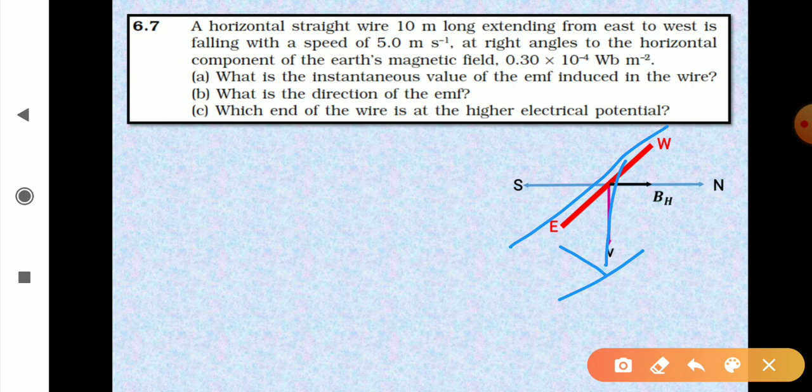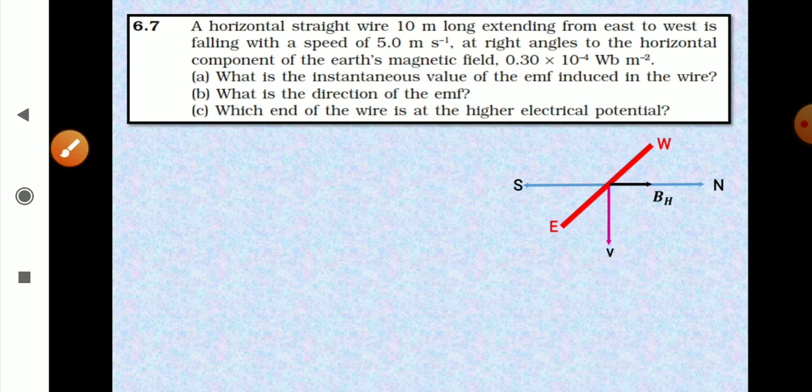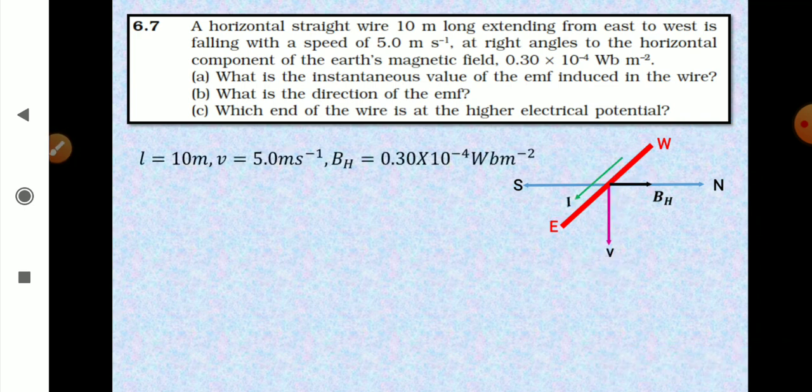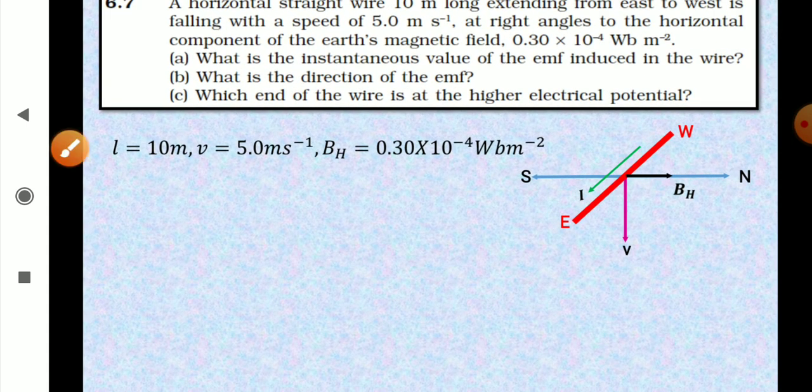You know that the angle between east-west and north-south is 90 degree. That is, the angle between L and B is 90 degree, and it is falling vertically downwards. So the angle between magnetic field and velocity is 90 degree, and the angle between length and velocity is also 90 degree. So B, L, V, all three are mutually perpendicular.